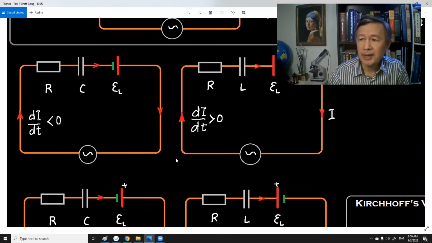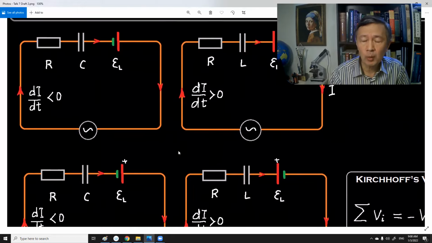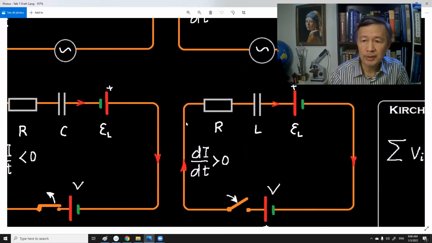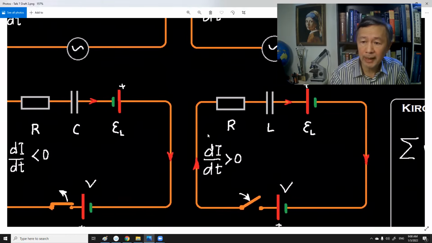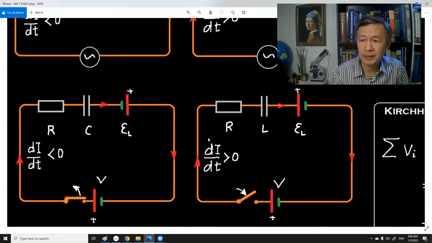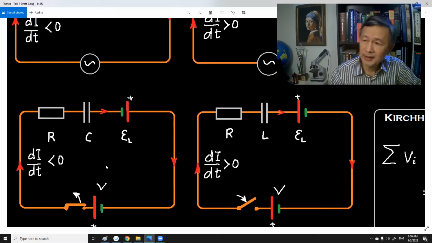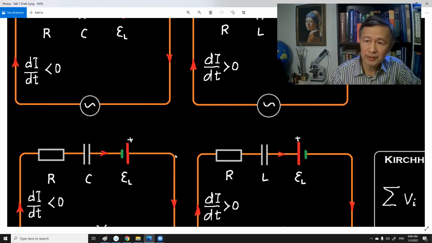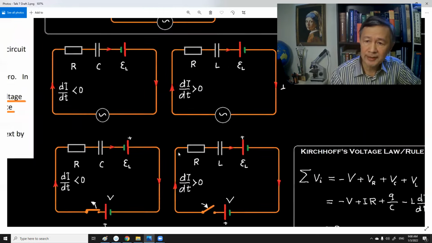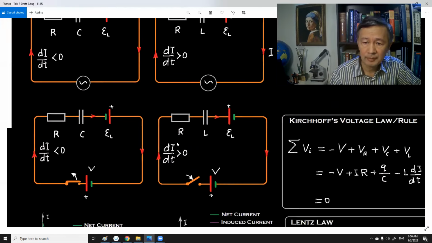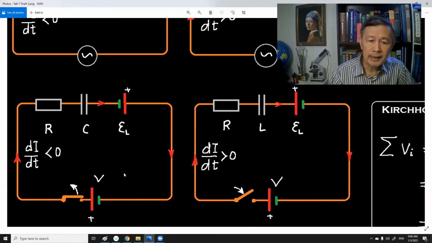Of course, we can discuss a special case when the external source is replaced by a DC battery, as discussed by Lewin in his lecture. In this case, we still can use the same idea to consider the two equivalent circuits.